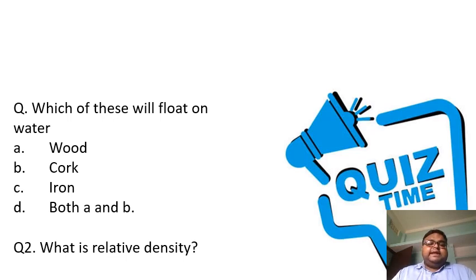Okay, so there is a quiz for you, and the quiz is: which of these will float on water? The first option is wood, second option is cork, third option is iron, and fourth option is both A and B. Just think about this question for 10 minutes, then I will ask you about the answer.